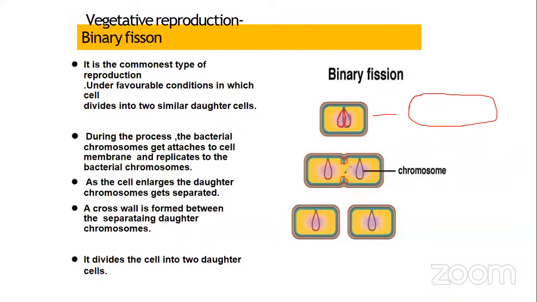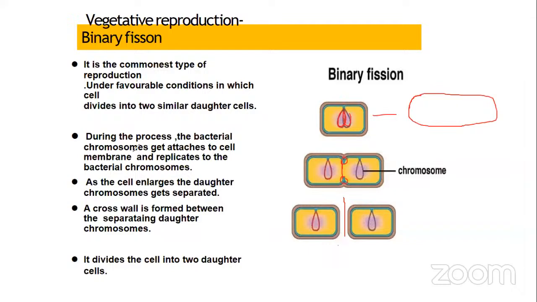After replication, along with the cytoplasm, the bacterial genome also separates. After that, the small constriction extends from opposite directions toward each other, and finally the septum forms. Finally these are detached from each other and divided into two daughter cells.